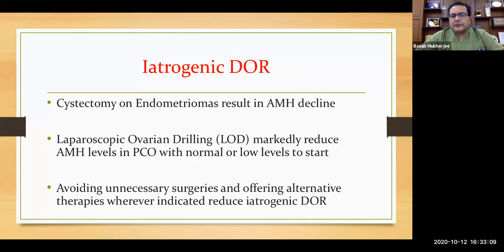I think most of us are very cautious and aware to use the needle, don't use the hook, don't use any other things where you'll have more heat on the ovary, and use it for a limited period of time if you want to do drilling. But again, be much more cautious, much more judicious in your case selection when you want to do laparoscopic ovarian drilling, because that is something which will reduce the AMH levels and which will also decrease her chance of fertility.